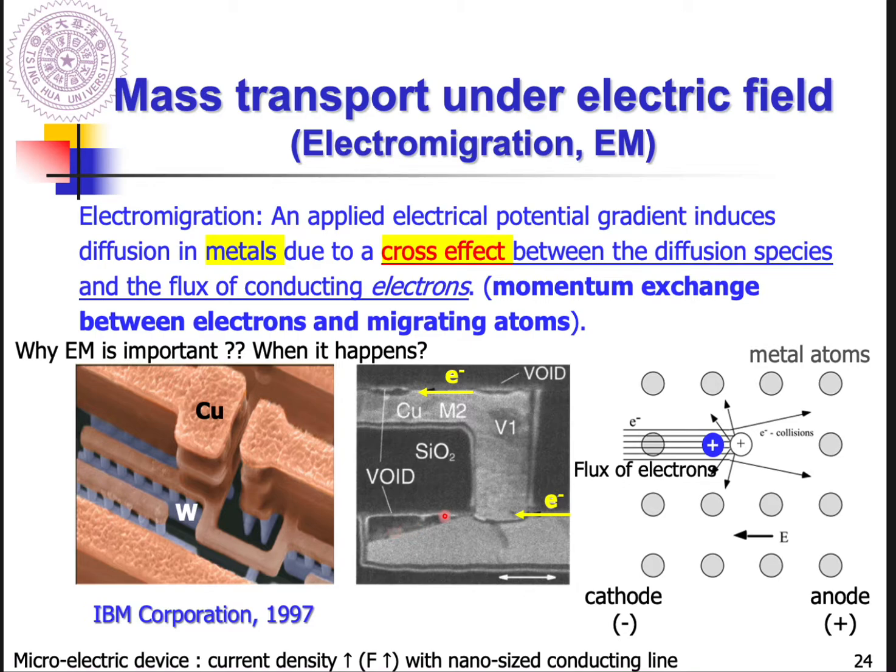If you take a look at the connecting line in the IC chip, you can find that there are some voids in this connecting line. As long as this void gets larger and larger and covers the whole connecting line, it will fail this IC chip, this device.